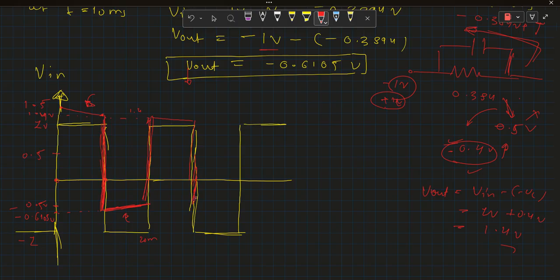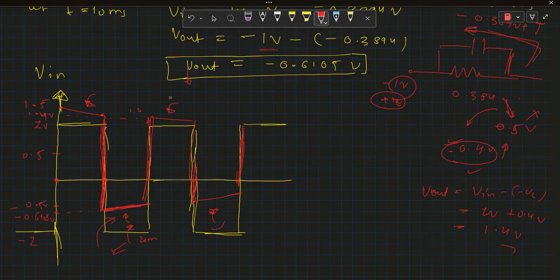Now it will reach this point, then again it will start. As we can see, the discharging rate of this capacitor is slower as compared to this.